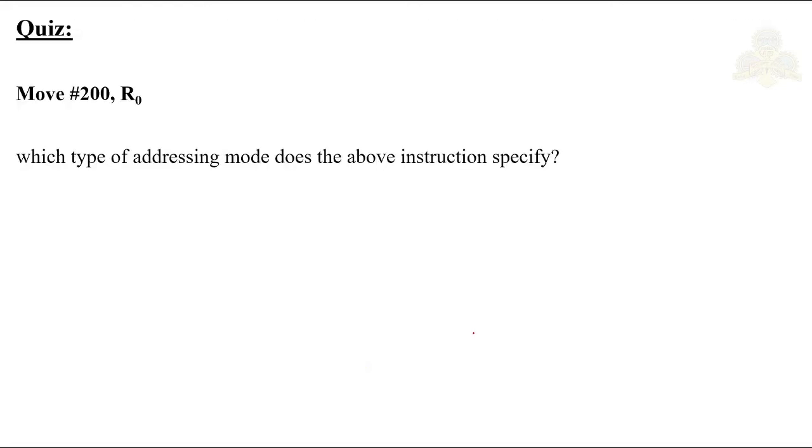Next we will have a small quiz, and the question here is: move hash 200 comma R0. Which type of addressing mode does this instruction specify?